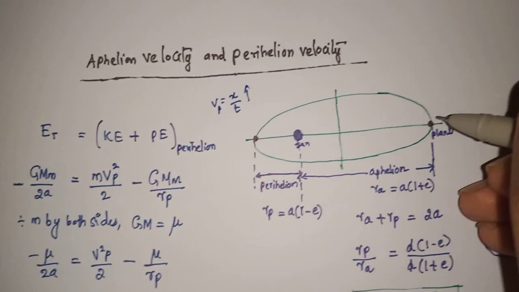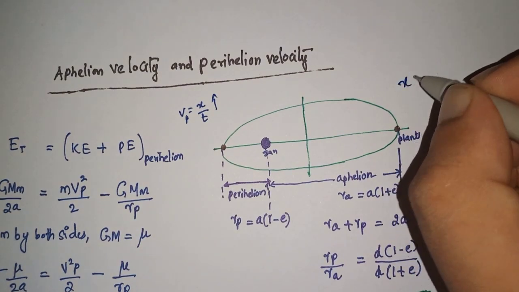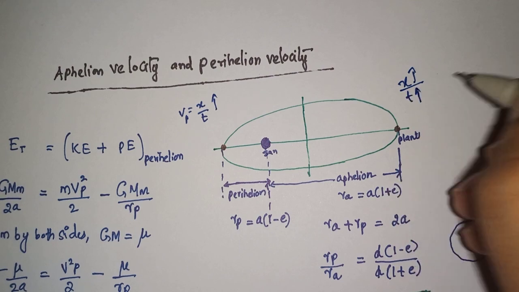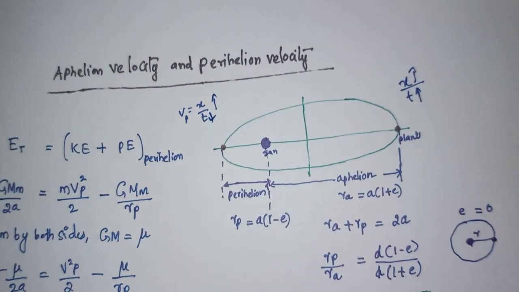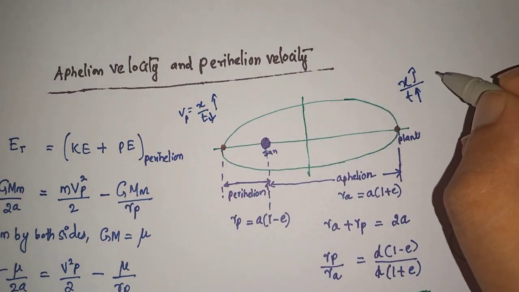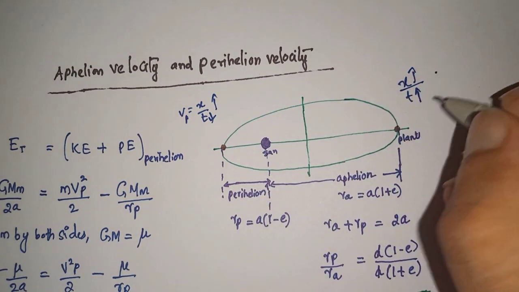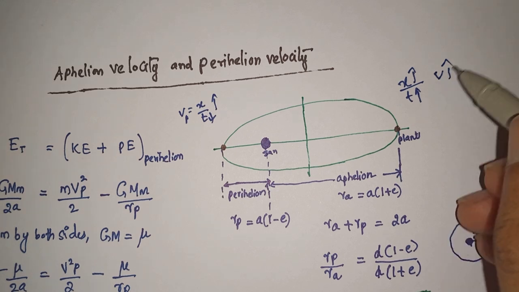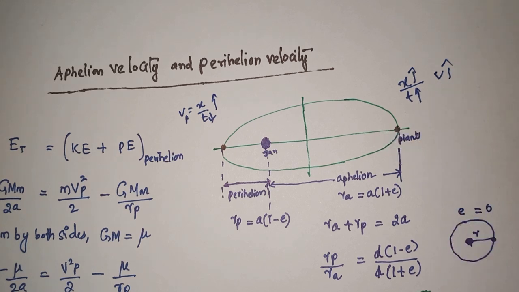Now if we come to the aphelion, your distance is very much higher and you require a time which is also very much higher. Here time is very less, but there time is very much higher. That means you require more time to travel more distance, so likewise your velocity is going to decrease.